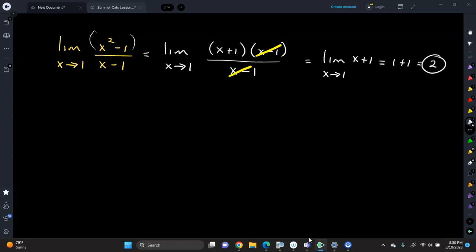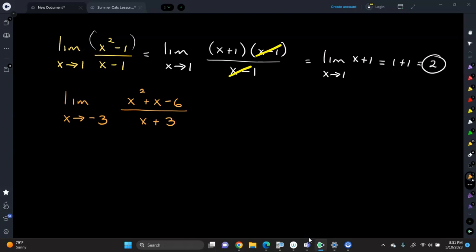Okay, let's look at another example. Let's look at the limit as x approaches -3 of (x squared plus x minus 6) over (x plus 3).